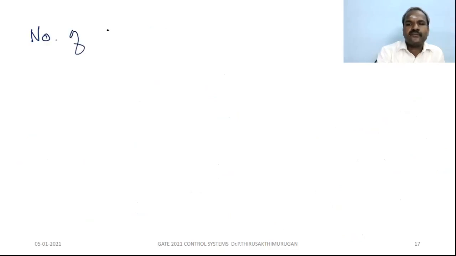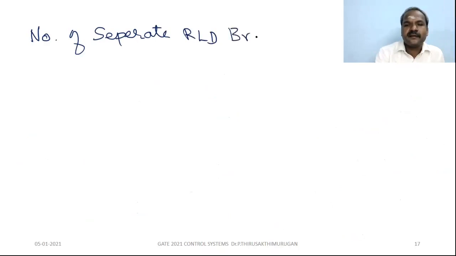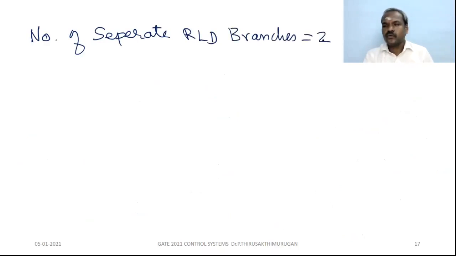So the number of separate RLD branches equals 2. Since it has 2 branches, you can easily tell the order is second order, right?